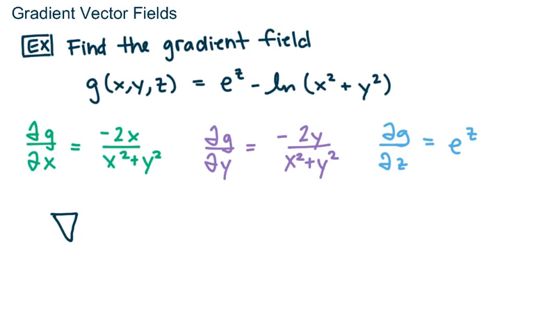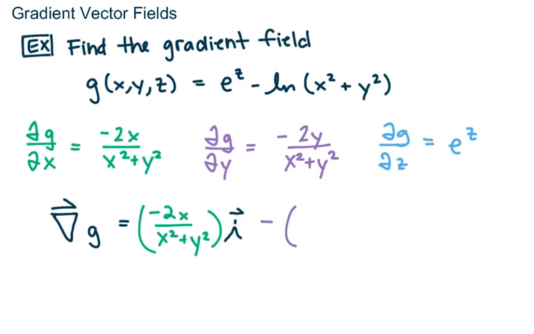So my gradient field of g would be negative 2x over x squared plus y squared i, plus, actually I'll write minus, so minus 2y over x squared plus y squared j, plus e to the z k.